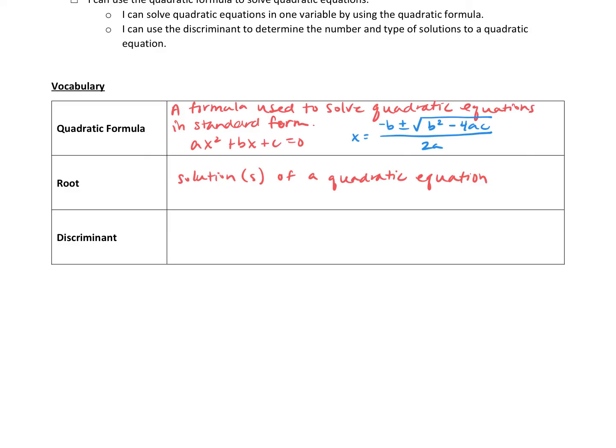The discriminant is used to determine the number of solutions a quadratic equation has.